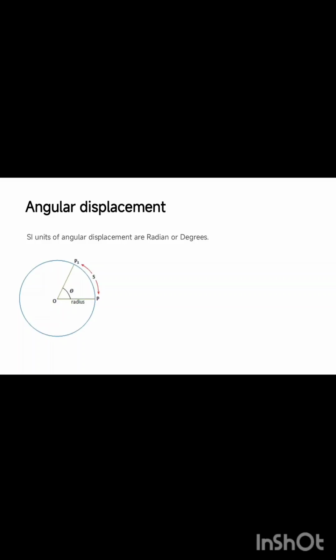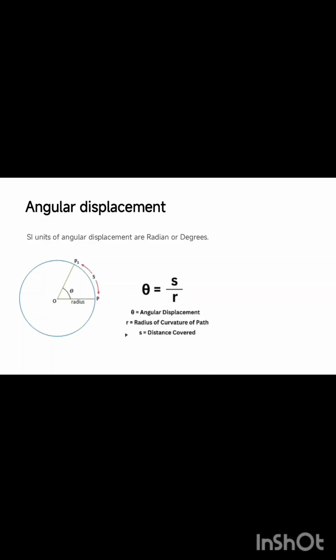So the object has moved from p to p1 along the circumference of the circle, and while doing so it has covered a linear displacement of s, where this angle theta will be representing the angular displacement of the object.